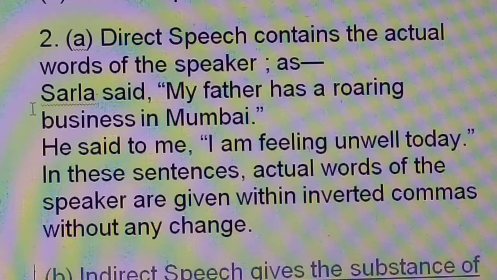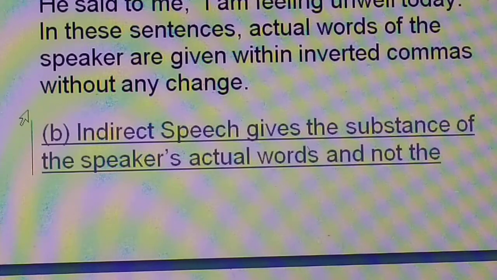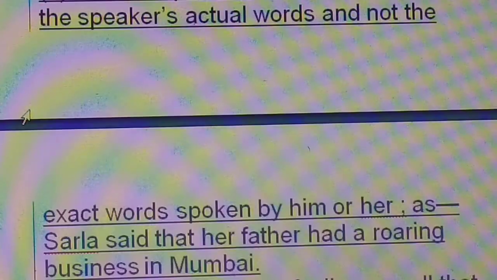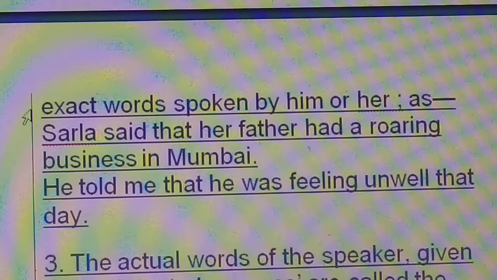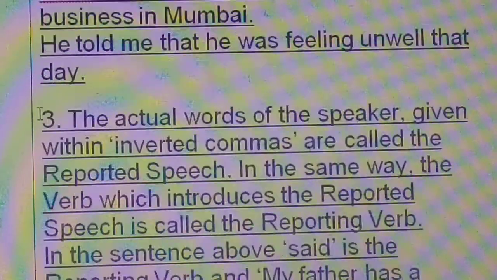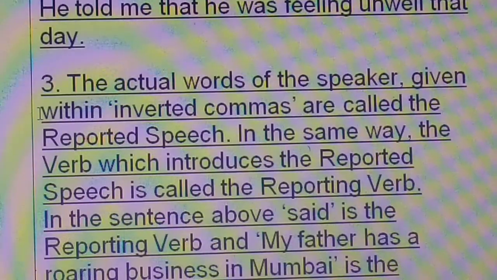Please note, children. Indirect speech gives the substance of the speaker's actual words and not the exact words spoken by him or her. Sarla said that her father had a roaring business in Mumbai. He told me that he was feeling unwell that day. The actual words of the speaker given within inverted commas are called the reported speech.